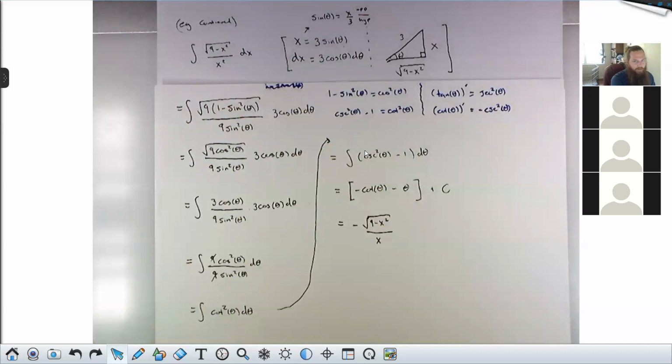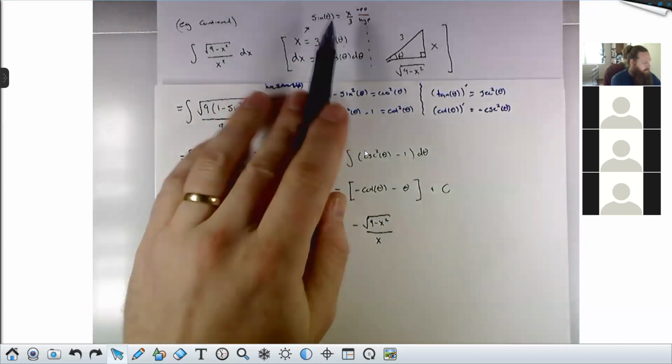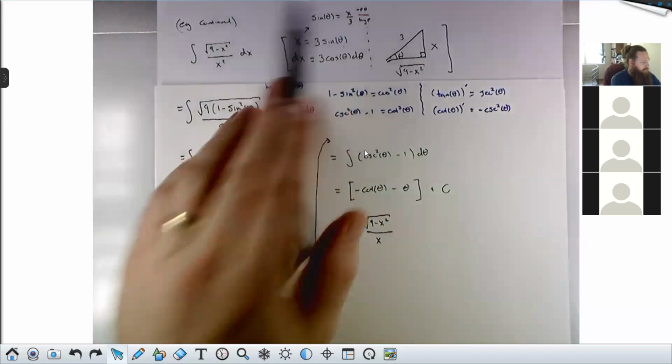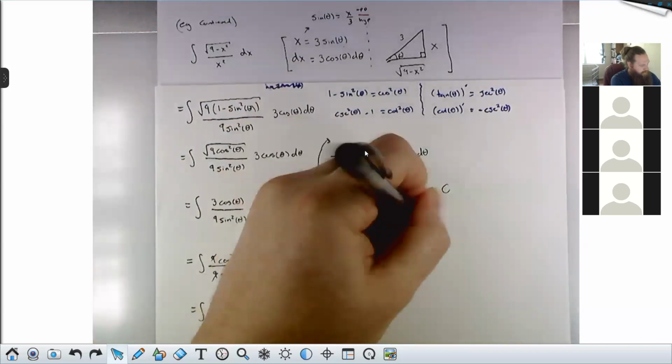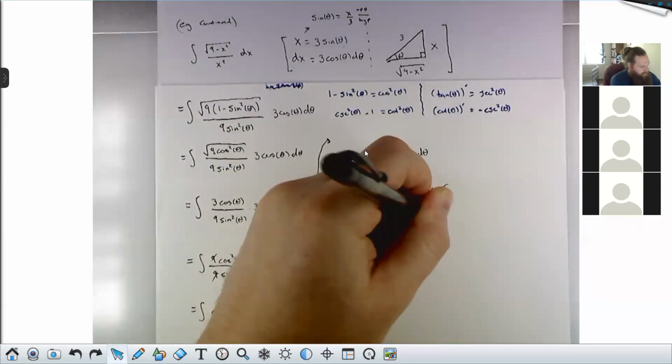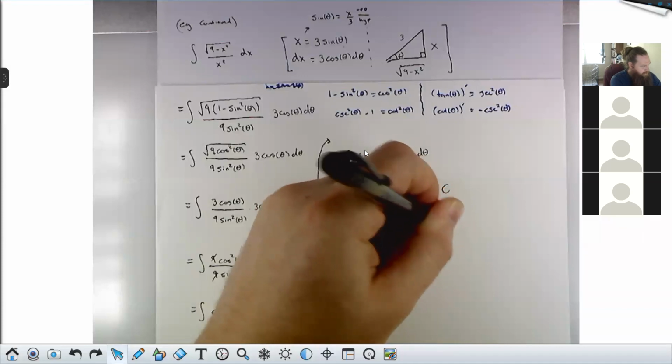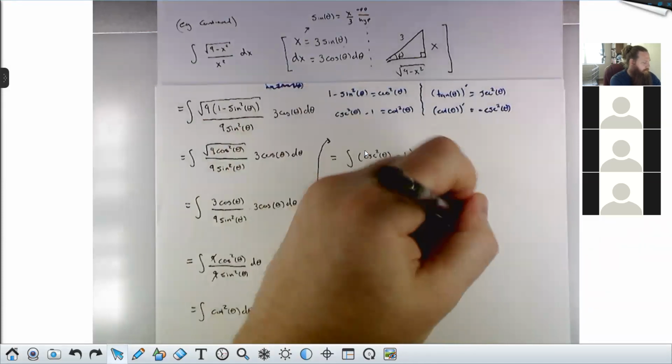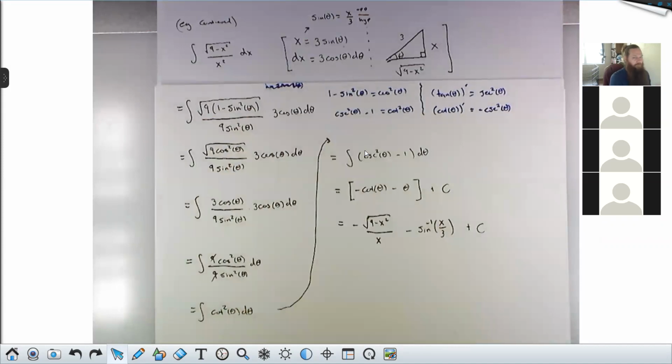And then minus theta. Well, what is theta? We saw this the other day. If sine theta is x over 3, then theta is the inverse sine of x over 3. And plus c is plus c.